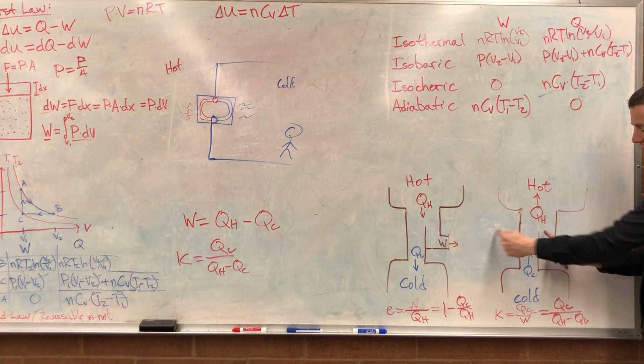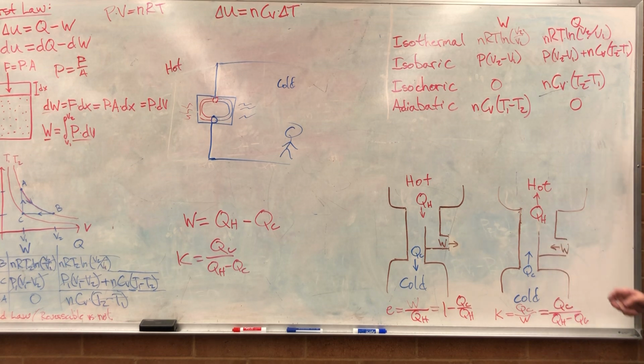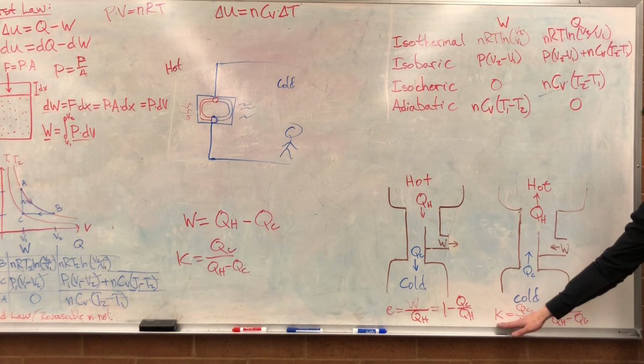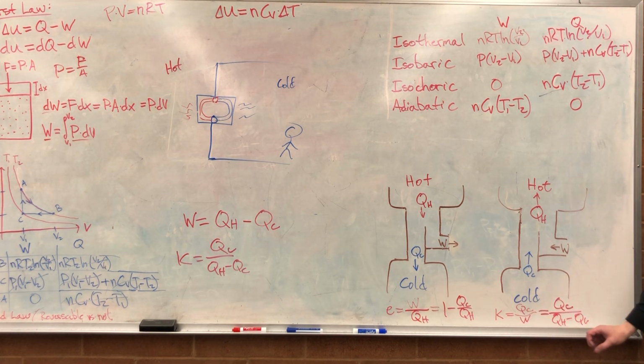So what if this were really fat and this were really thin? Then what's QC over W? Let's say that QC were 100 and W were 1. What's QC over W? 100. So what's its theoretical max? Infinity. Max here, 1. Max here, infinite. Why is that?